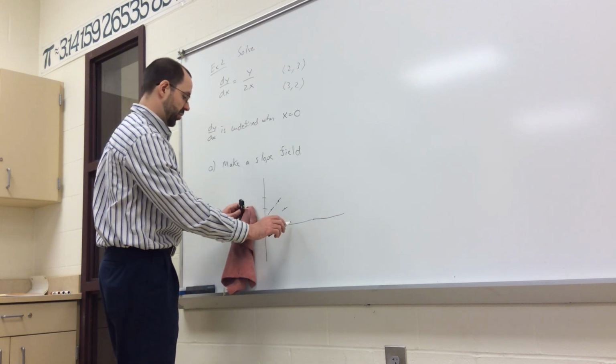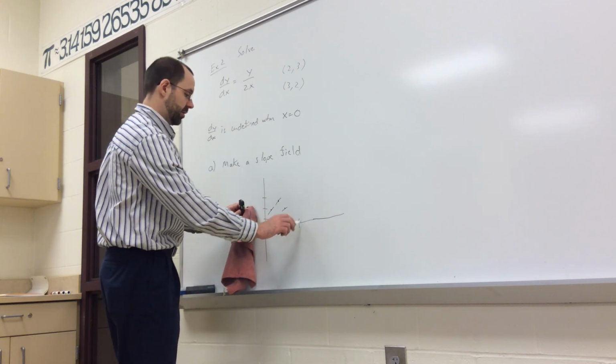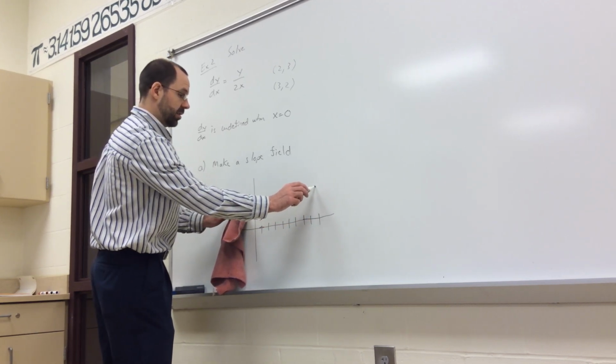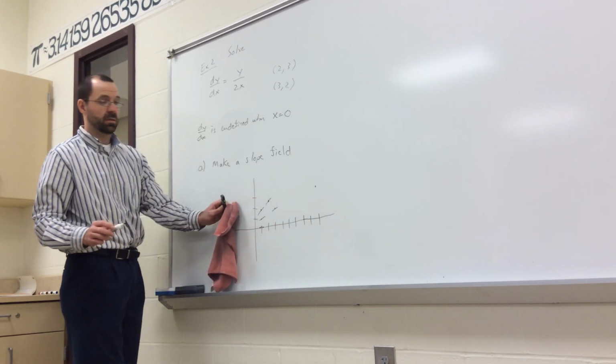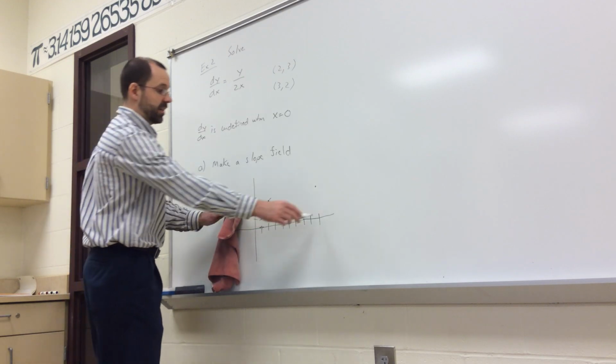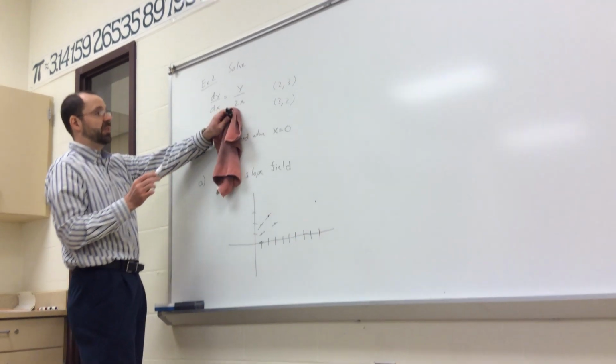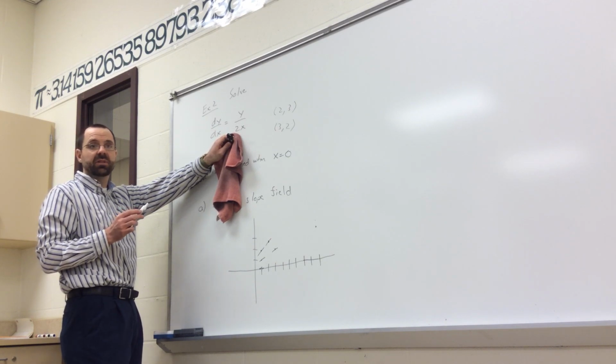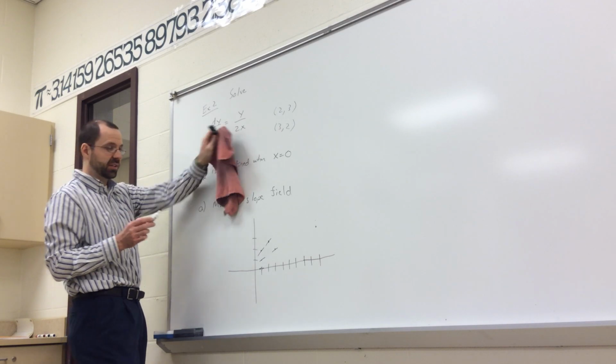So let's go out here to the point (9, 3). So the point (9, 3) would have a slope of 3/18, which is pretty not steep. It reduces to 1/6.